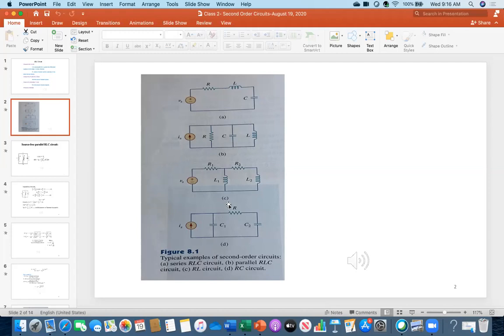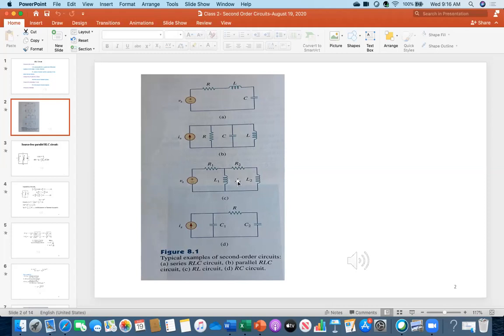Now everybody see circuit number C: there is a voltage source, and then there is R1, R2 and L1, L2. You see, in this circuit there is no capacitor. But this does not mean that this is a first order circuit. This is a second order circuit.